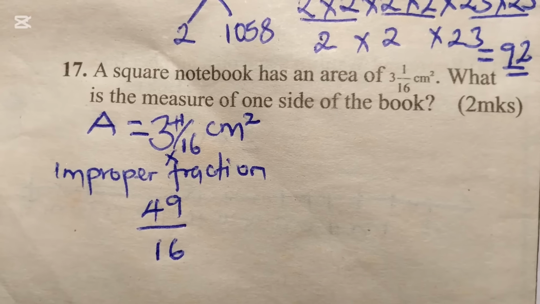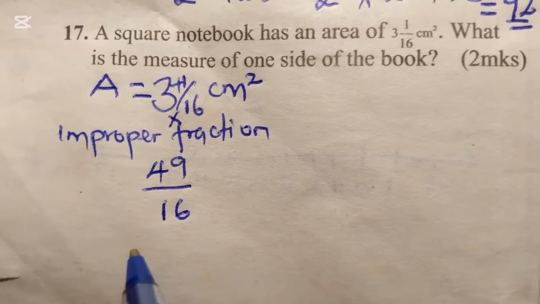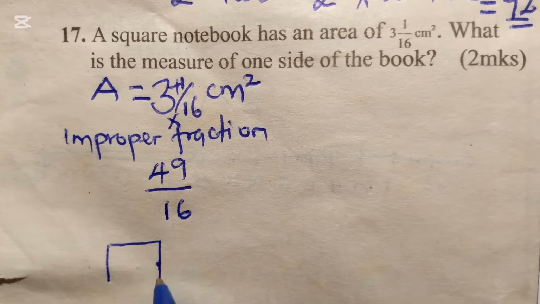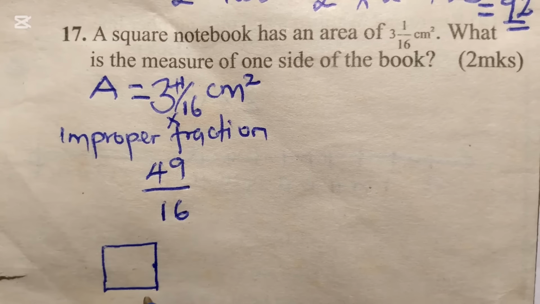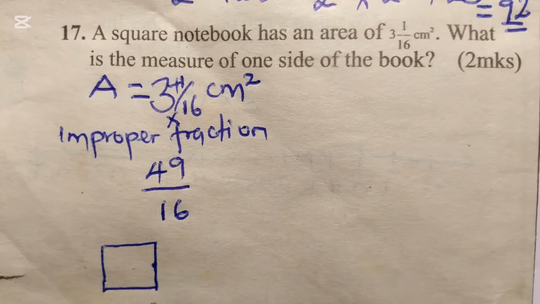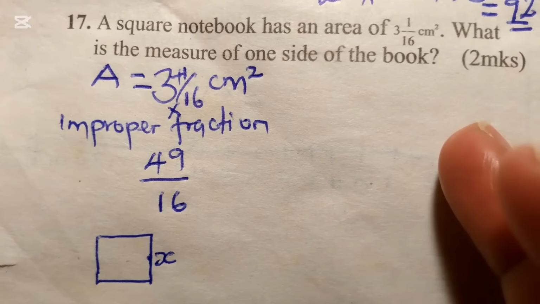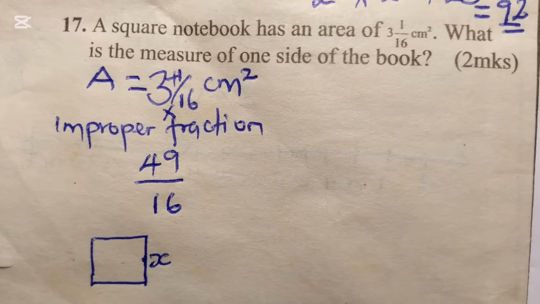Therefore, we can draw the square. We can decide to draw a sketch of the square notebook, and then we let the side to be x, because that's what we are looking for.